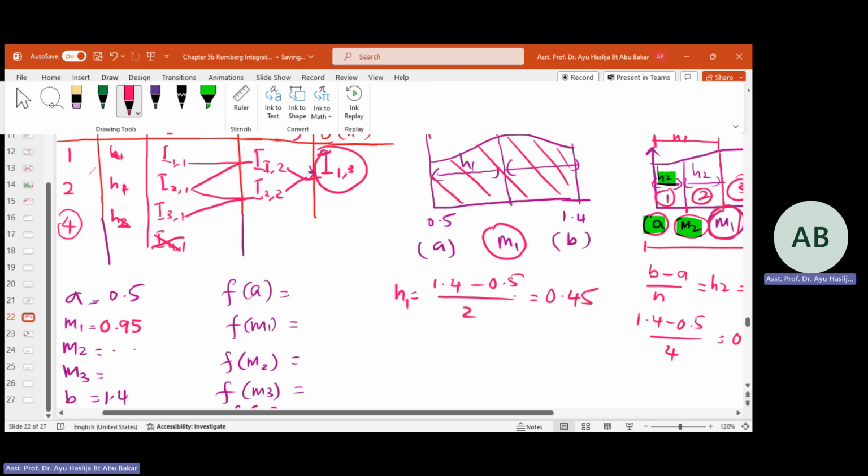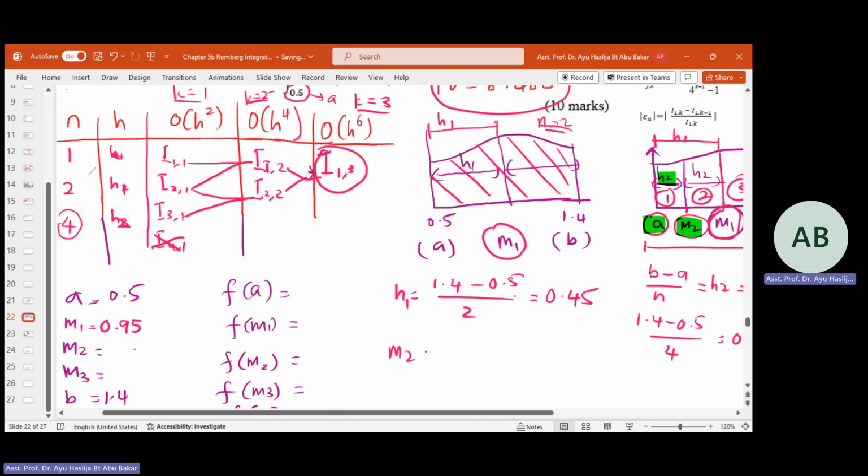Ruben, how to get M2? Correct also. What Tasmia proposed for M2 is 0.5 plus 0.95 divided by 2 to find the midpoint. Yes, that is correct as well.